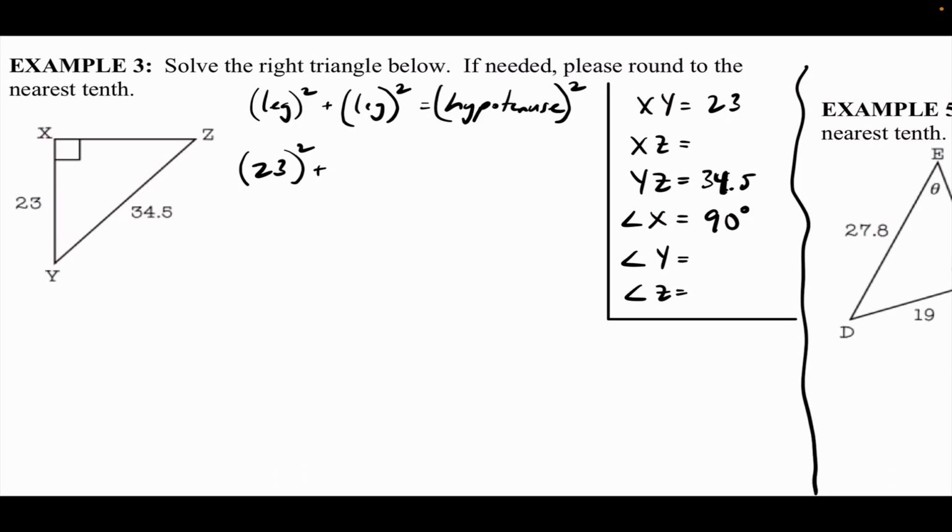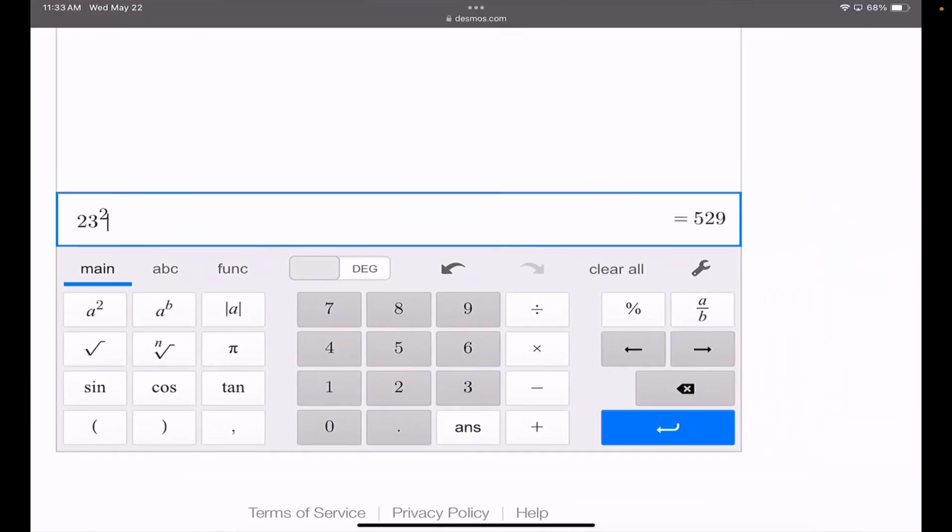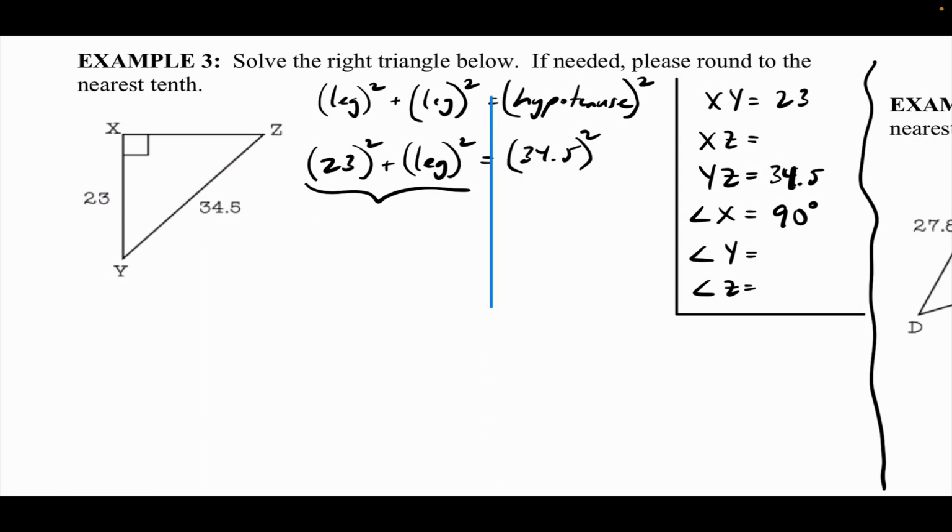No. So I'm going to leave that one as a leg. Leg squared. Do I know the hypotenuse? 34.5. Solve for the missing part. So 23 times 23 is 400 or 500 and something. Let's see, 23 squared, 529. 34.5 squared.